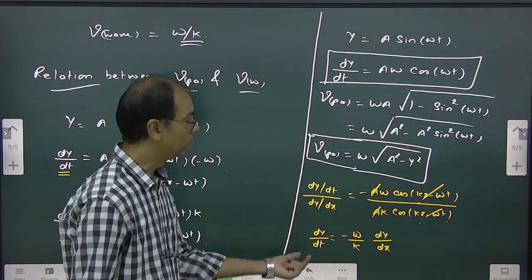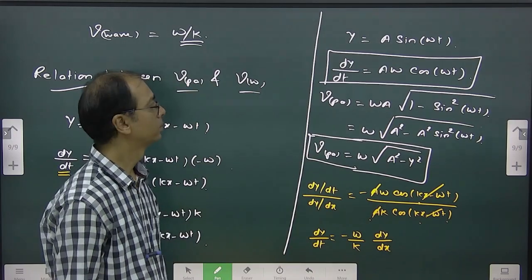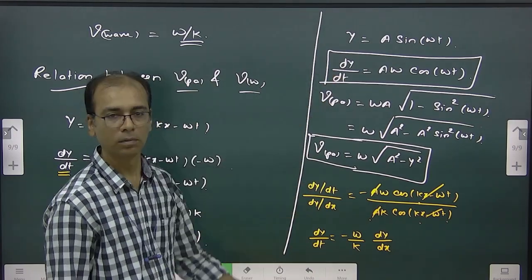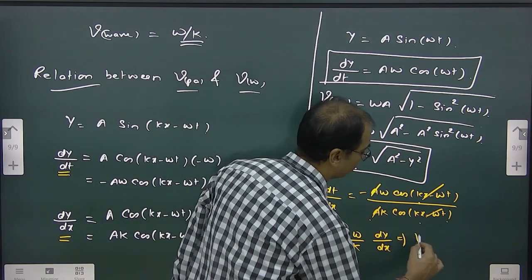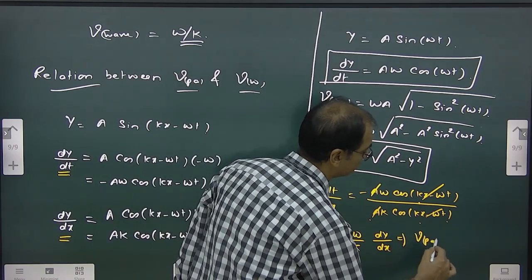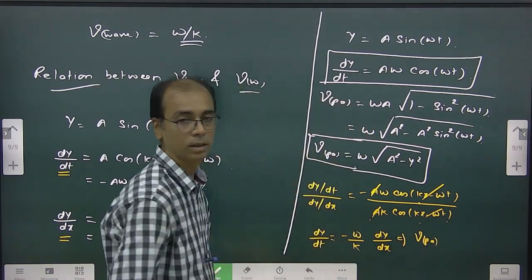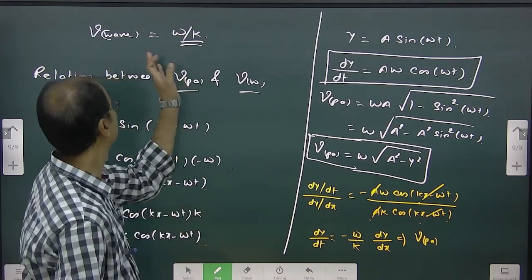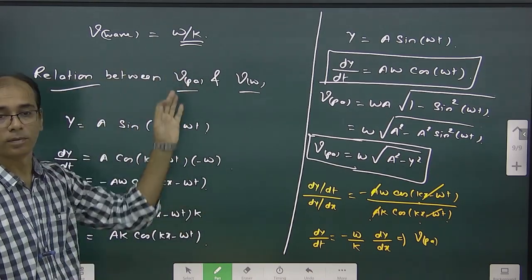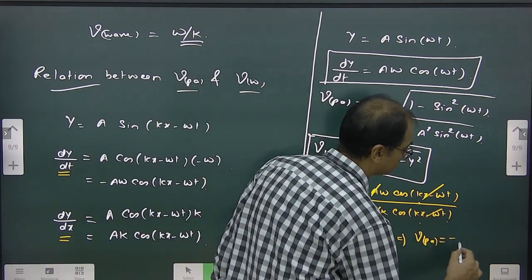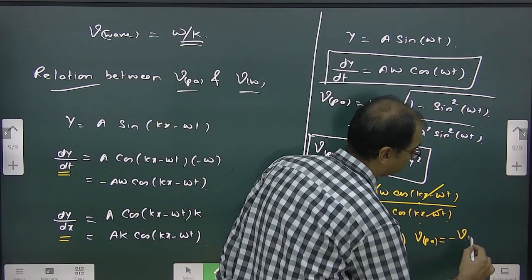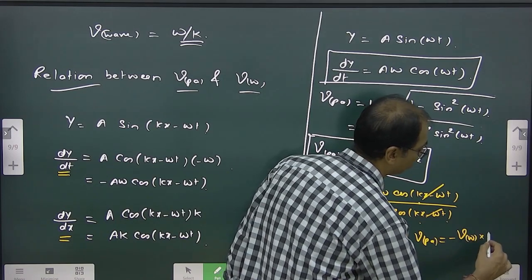What is dy by dt? Velocity of particle. What is omega by k? Speed of wave, we have written velocity of wave. So velocity of particle is minus velocity of wave into slope.